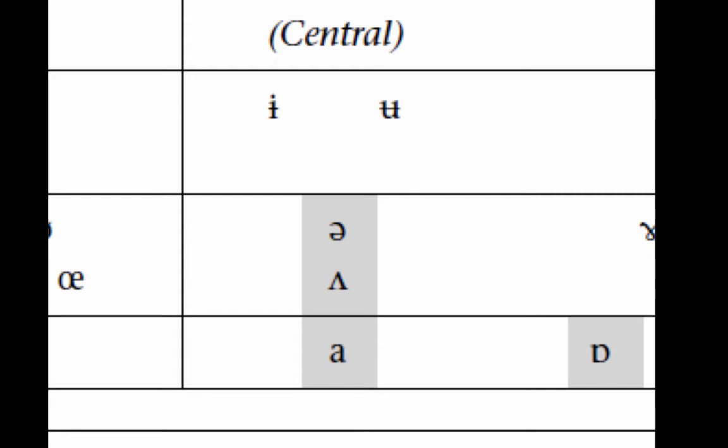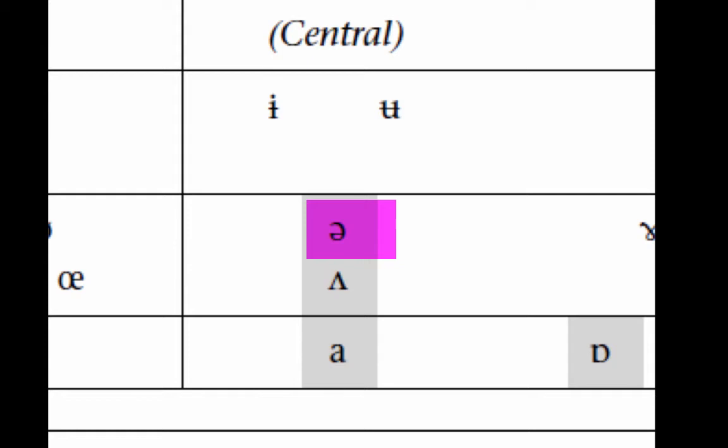Let's talk a little bit about these central vowels. These central vowels are reduced vowels. In the center, right there, you could see the schwa vowel. The schwa is the vowel sound in many lightly pronounced and unaccented syllables in words of more than one syllable.